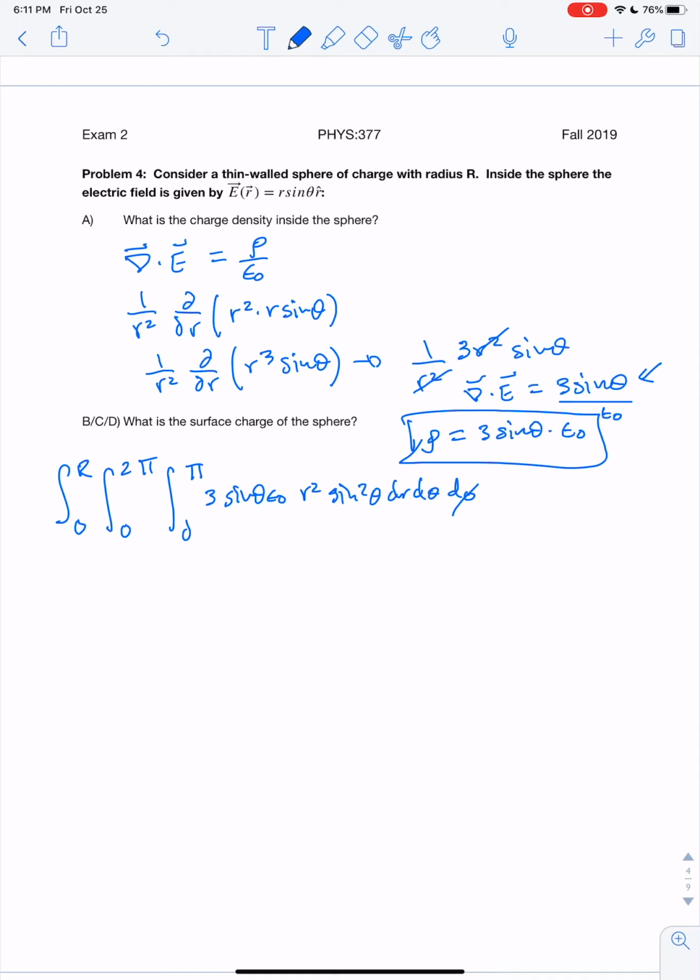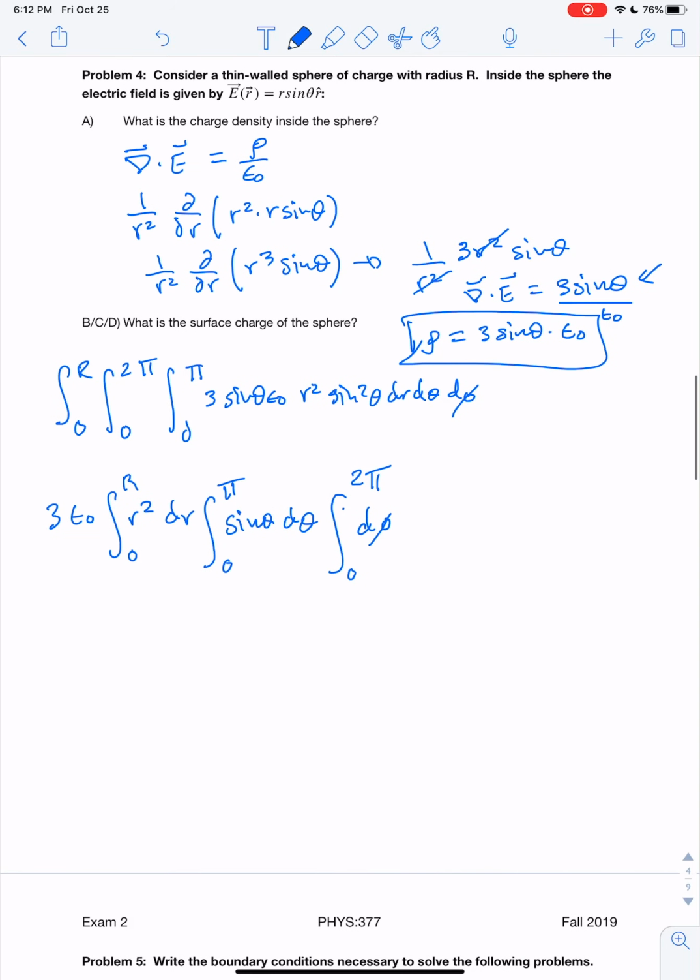And so we have to pull out all our constants. So we're going to have 3 epsilon 0 times the integral of r squared dr from 0 to r, times the integral of sine of theta from 0 to pi d theta, times the integral of d phi from 0 to 2 pi.